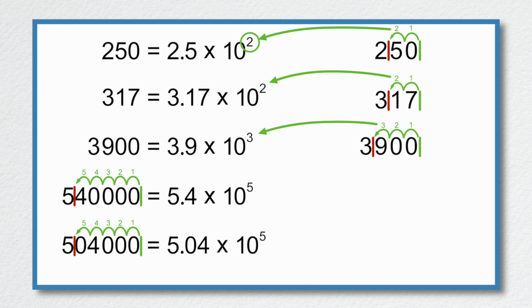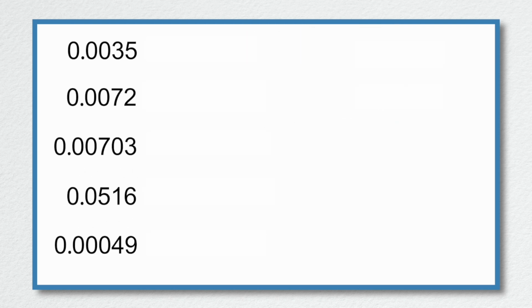Now let's try the decimal numbers. 0.0035. For this example, I'm going to write the number out again, 0.0035. So we're going to end up with 3.5 multiplied by 10 to the power of something, if we are writing this in standard form.